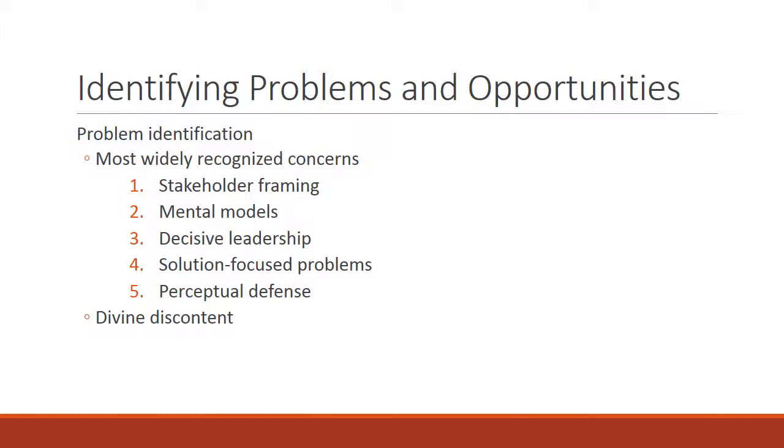Perceptual defenses cause an individual to block out bad news or negative information, therefore giving him or her the inability to take complete control over a situation. Recognizing mental models and considering other perspectives of reality can help individuals identify problems and opportunities more effectively.